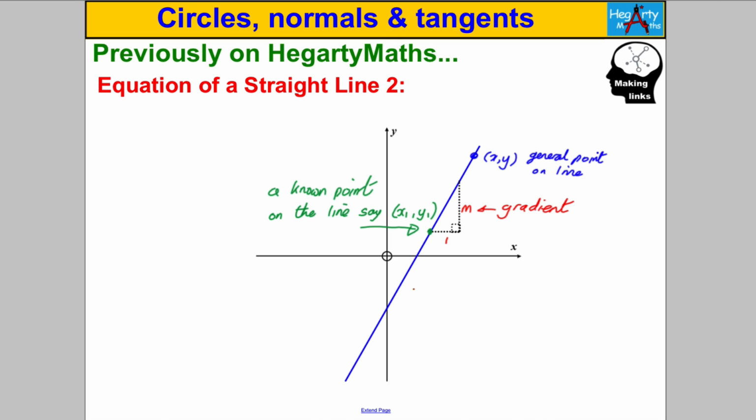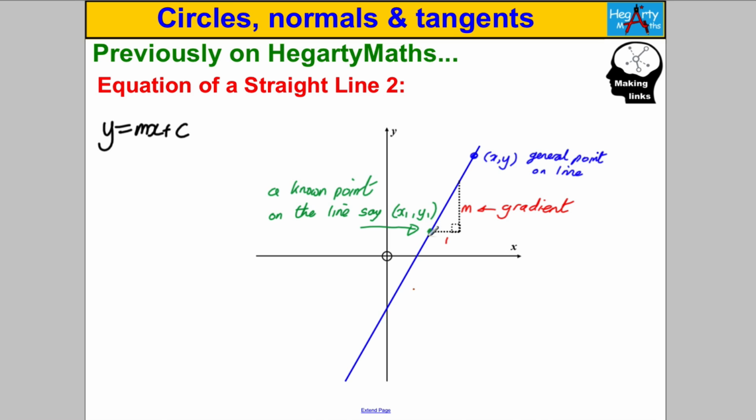Alright? Now one last thing I need you really familiar with as well is a way of defining a straight line. We did define a straight line, the general equation, as y is equal to mx plus c, when you know the gradient and the y-intercept. What I want to ask you is, in straight lines, I gave you an alternative way of remembering it.